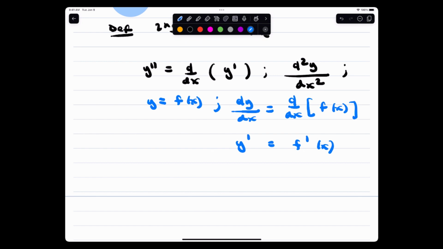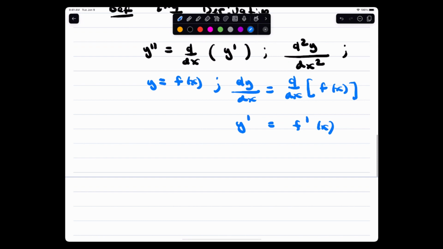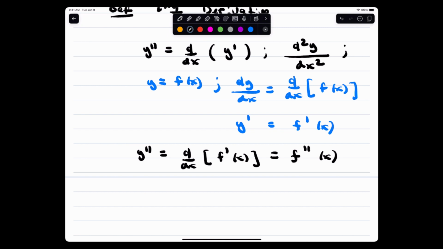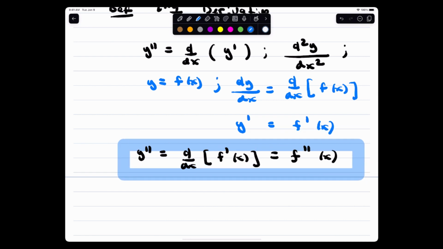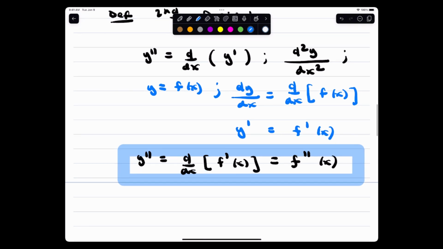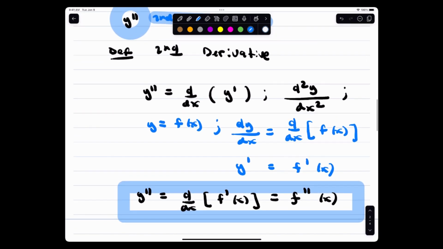Then you might say, what about that second derivative? Well, the second derivative can be thought of again in terms of this first derivative. It is f what now? Double prime. So here's your second derivative.